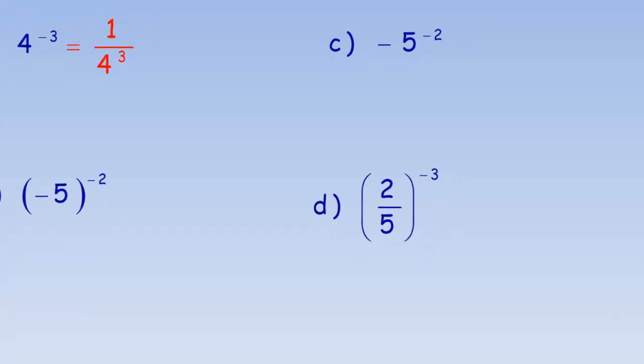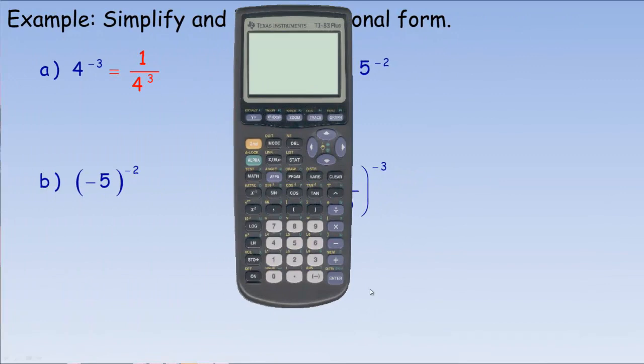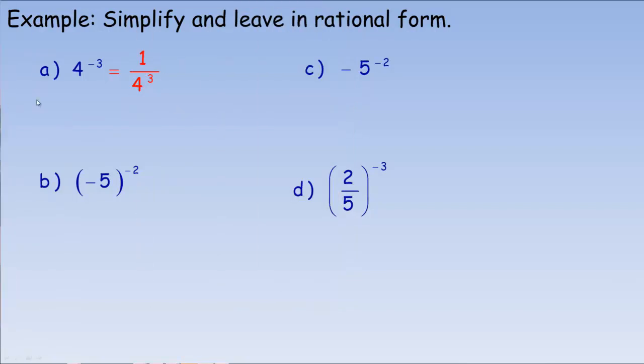And so what I would do now, just to simplify this, is I'd evaluate 4 to the exponent 3. So that's actually 64. So this is 1 over 64. So 4 raised to the exponent negative 3 is the same as 1 over 64. We would generally evaluate this power and not just leave it as 4 cubed.